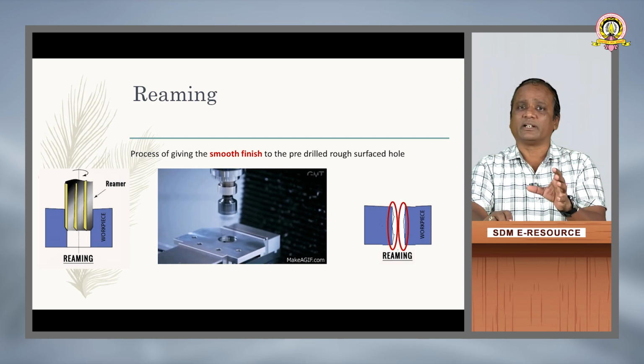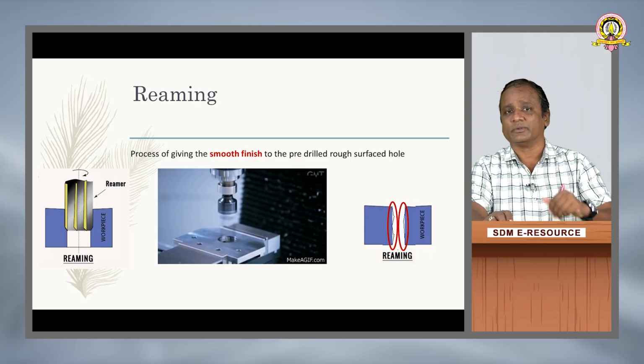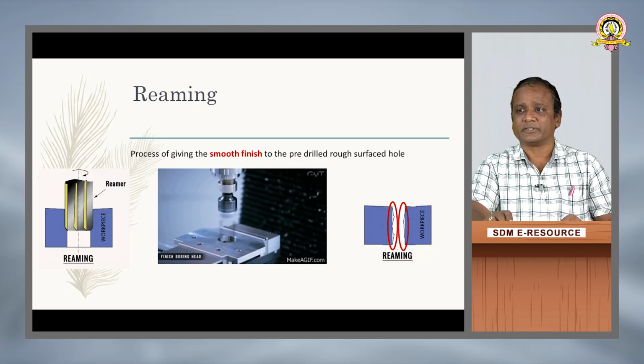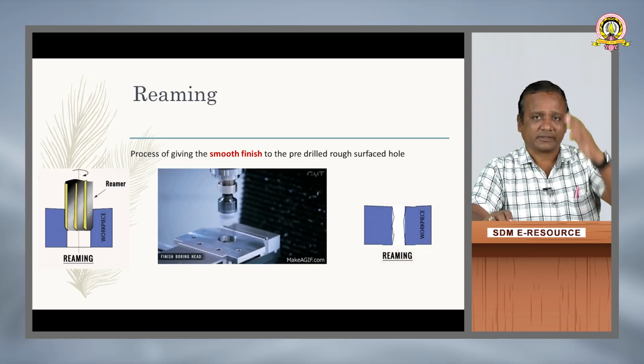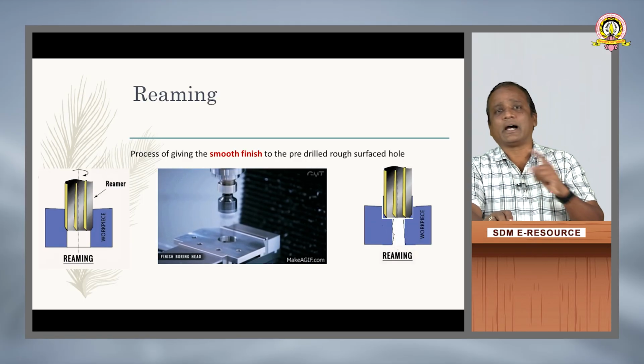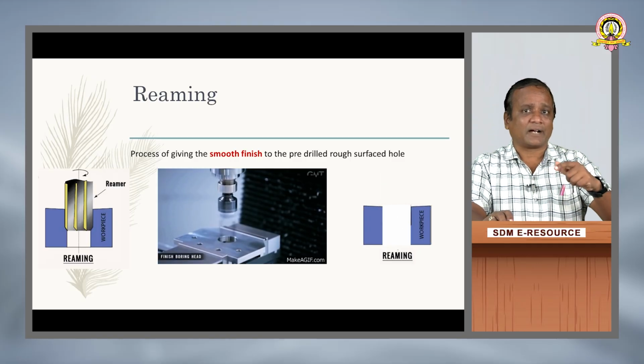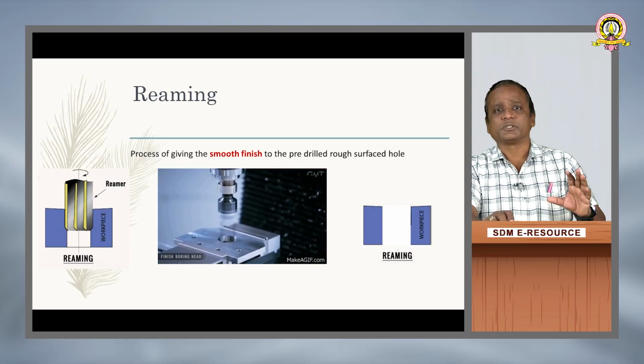I need to make it smooth enough so that there won't be any wear and tear inside the drilled hole, for which I am going to use this operation. Once I drill it, the surface will be rough as you saw over here. Then by using a reaming tool, I am going to smoothen the surface, right? Hence, whatever surface I get after reaming would be a smooth surface in order to avoid wear.